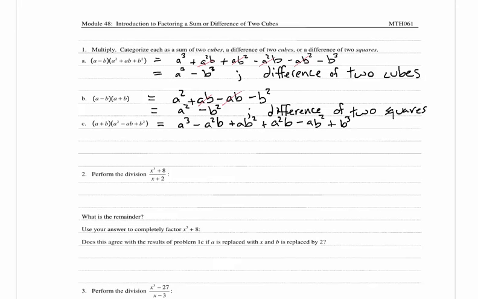And our negative a squared b term is going to cancel with the a squared b term, and we have a positive ab squared and a negative ab squared, and then we're left with a cubed plus b cubed, and this is our sum of two cubes.